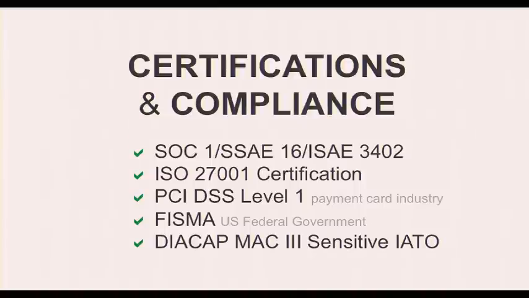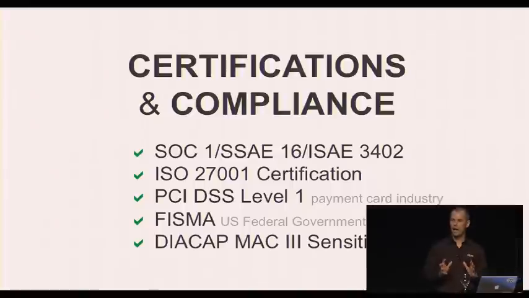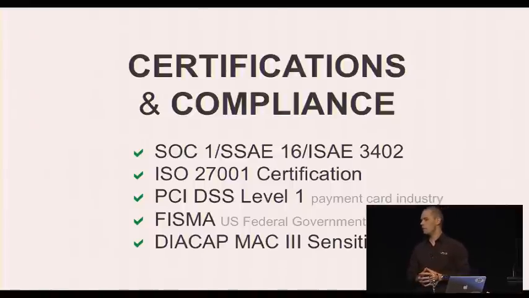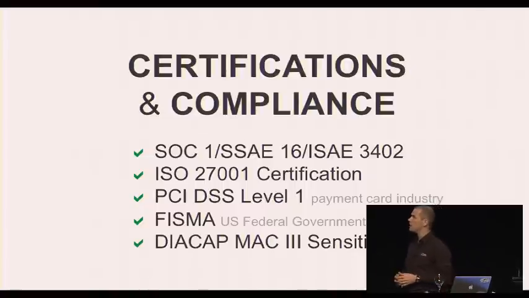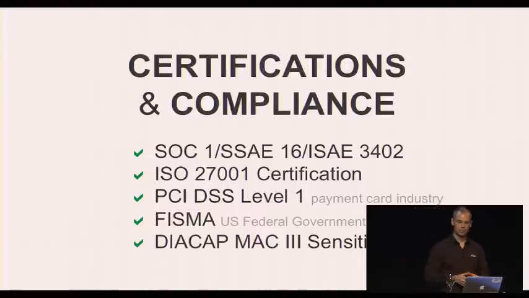Now, it is a shared responsibility when you use AWS services, and it's very important to remember that when you're architecting your systems. We give you the tools to architect highly available, highly secure systems, but it really is up to you to actually use those tools effectively. And we have canonical architectures and best practice white papers to help you do that. And finally, we have some other certifications that are probably more relevant to the US market, such as FISMA and the DIACAP certification.